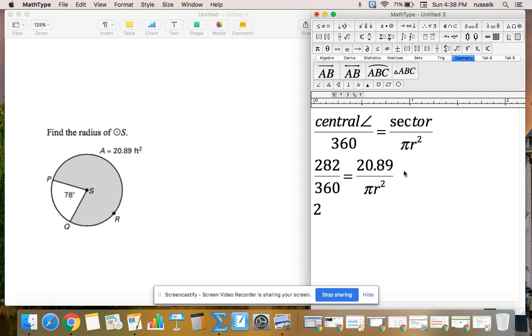That would give me 282 pi r squared. That would equal 360 times 20.89, which is 7,520.4. Divide both sides by 282.